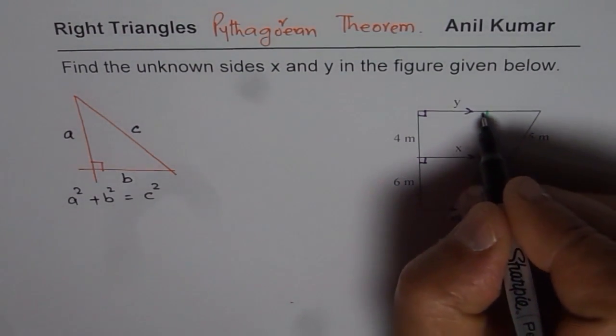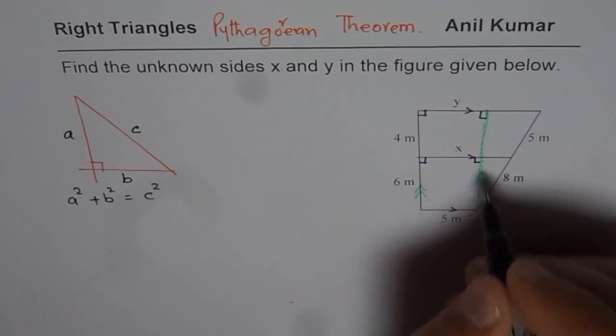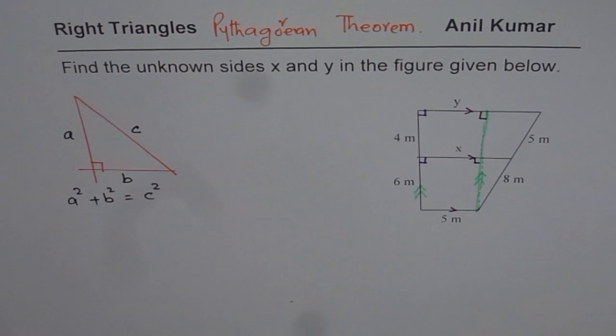In that case, this will be 90 degrees also. These are 90 degrees, correct? Then we can solve this question easily. I hope that helps. Okay, now you can pause the video and answer the question.